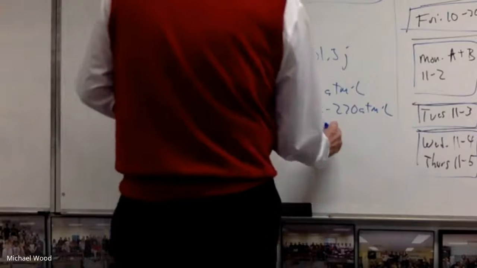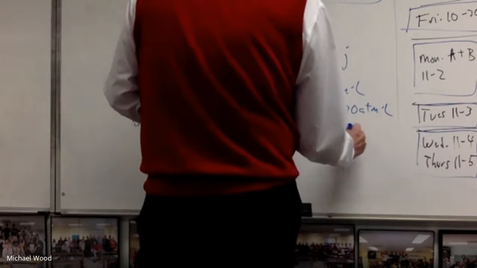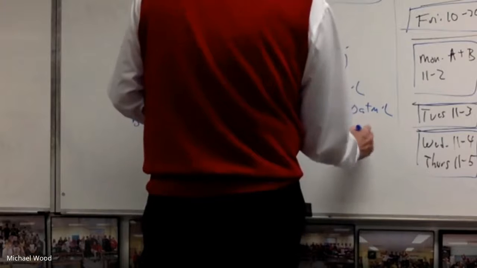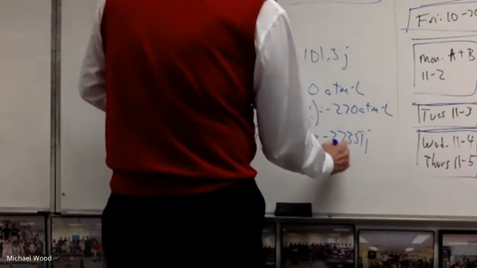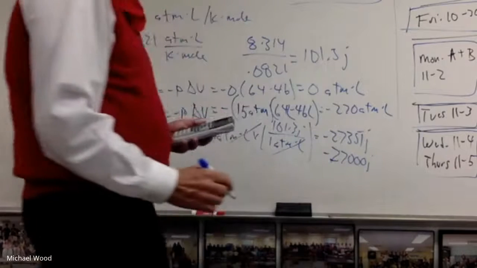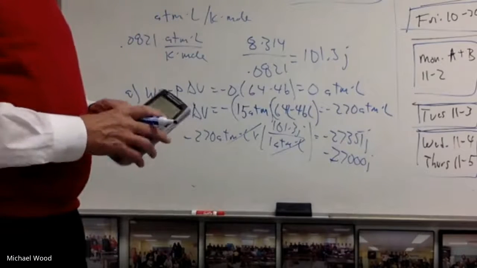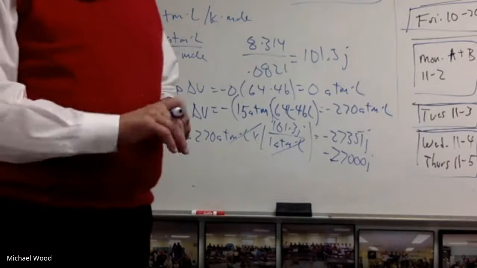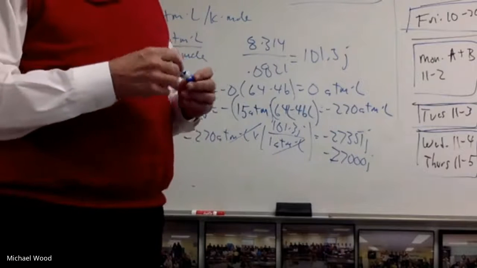That gives me negative 27,351 joules, and to 2 sig figs, negative 27,000 joules. So just getting these into joules, we're going to do these problems in joules.